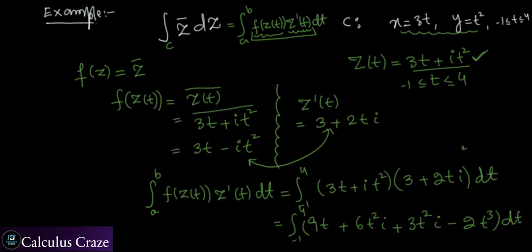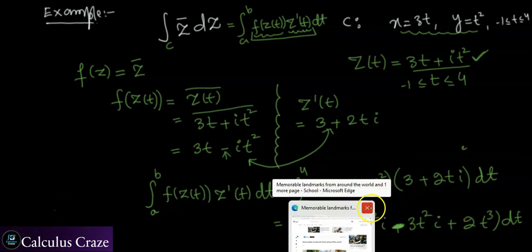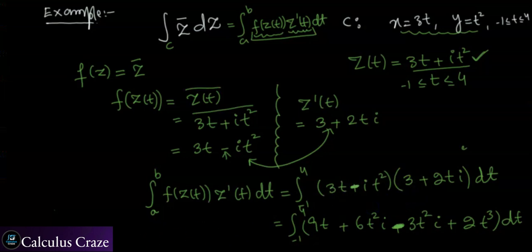We have made a small computation mistake, so here we have minus over here, right? So if this is minus, then I will see the changes over here. So this is going to be minus 3t square i, and this has to be plus 2t cube, right? So this was a small mistake.